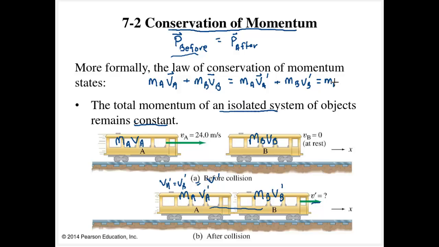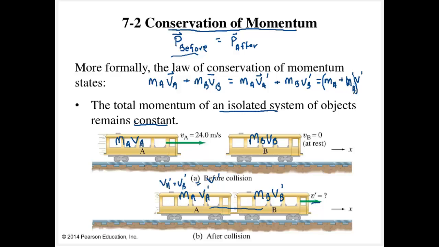In this particular case, it's going to be mass of A plus mass of B, velocity prime. Clean this guy up just a hair. There we go.